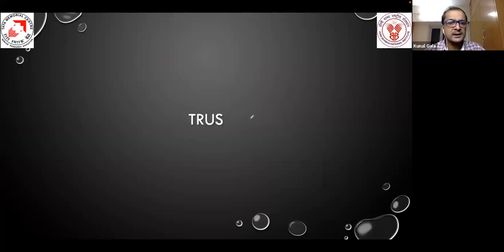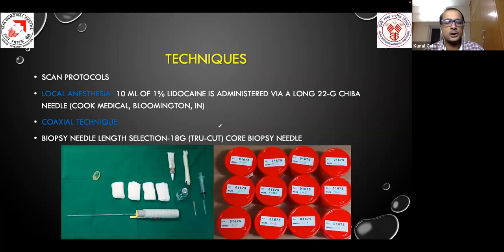Coming on to the last aspect of the individual description, a transrectal ultrasound guided biopsy for the prostate. One needs to be aware regarding the transrectal biopsy. Generally what we do is give a transrectal block at the 5 and 7 o'clock positions where the neurovascular bundles are located.